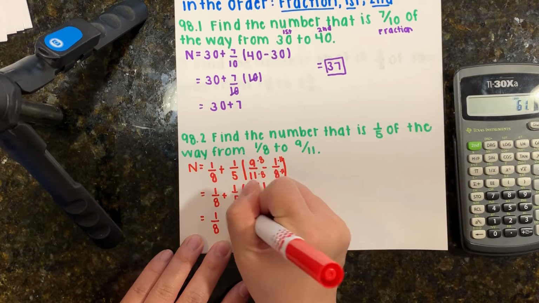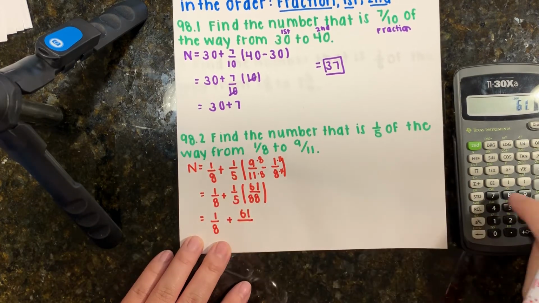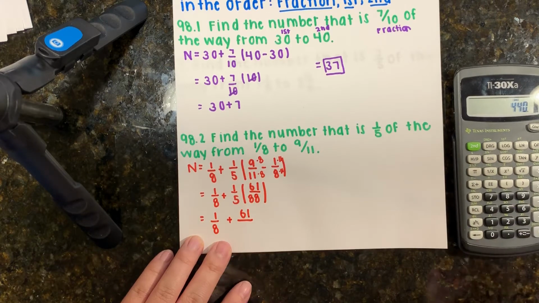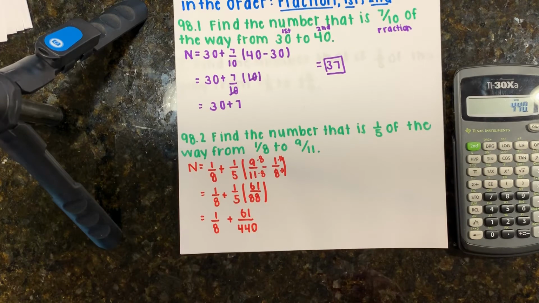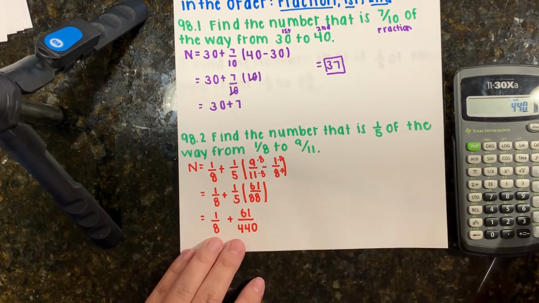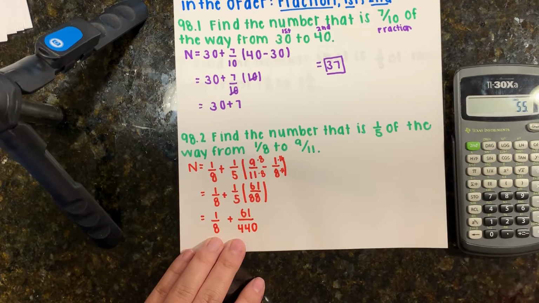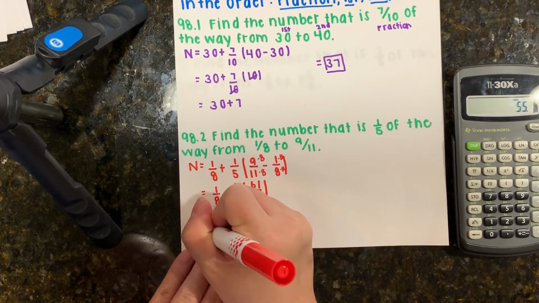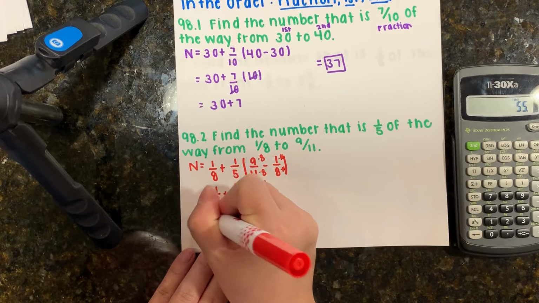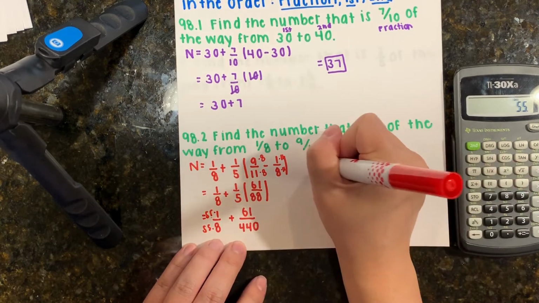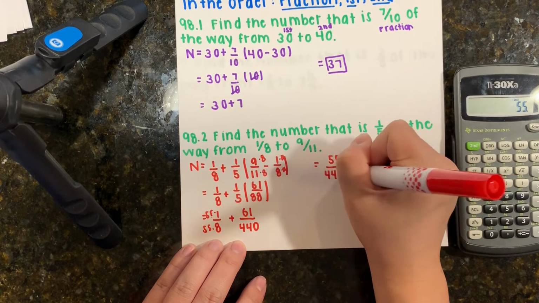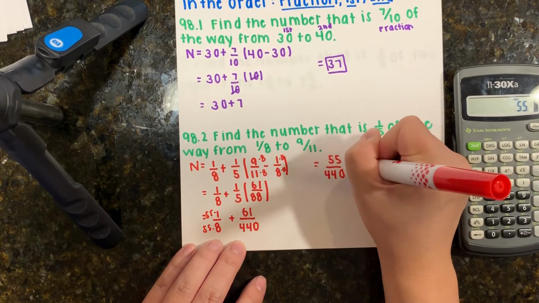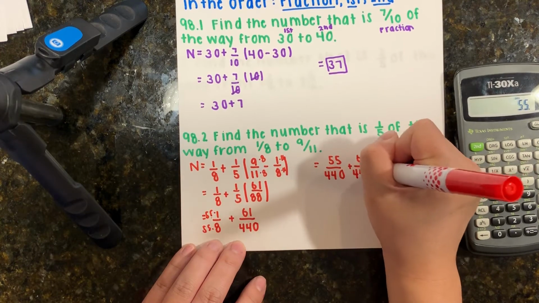That would be 61 over 88 times 5, which is 440. The common denominator is going to be 440. So I need to multiply that 8 times 55. So this would be 55. So really, I'm left with 55 over 440 plus 61 over 440.